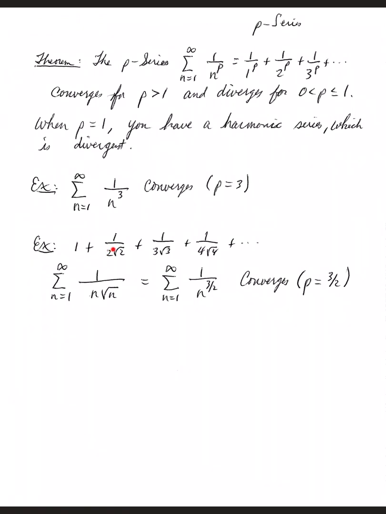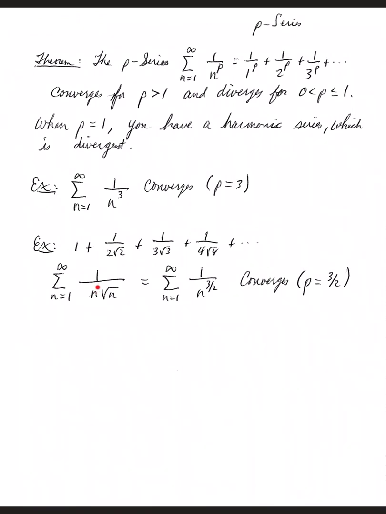Sometimes the series is written out longhand, and you have to figure out what its nth term is. Well, the second term has a 2 and a square root of 2. The third term has a 3 and a square root of 3. Fourth term, 4, square root of 4. So the pattern is 1 over n square root of n. The sum from 1 to infinity of 1 over n times the square root of n.